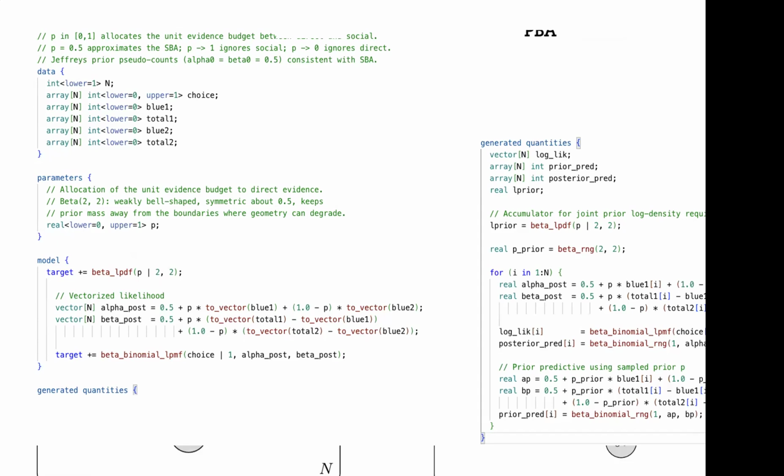In R, you would use a binomial with a probability. Here the binomial is generating the choice of the agent, and the choice is only 0 or 1.